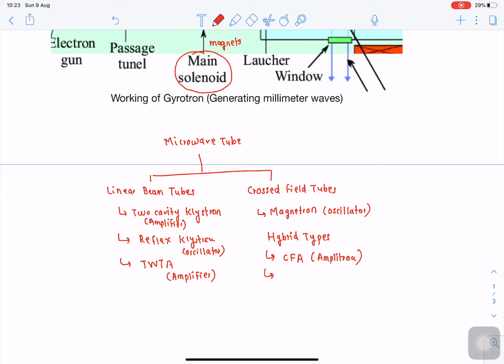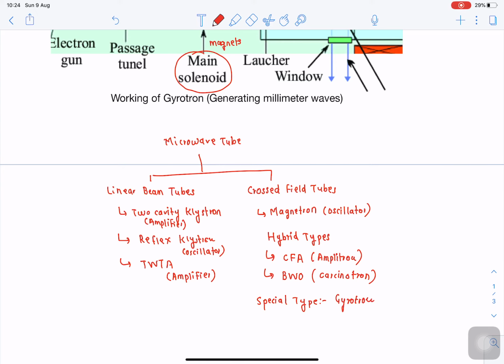The second hybrid type we saw was the backward wave oscillator, also known as the carcinotron. And finally, we saw a special type of tube, in which the working principle is altogether different compared to all these hybrid and primitive types of microwave tubes. That special type of tube is the gyrotron.